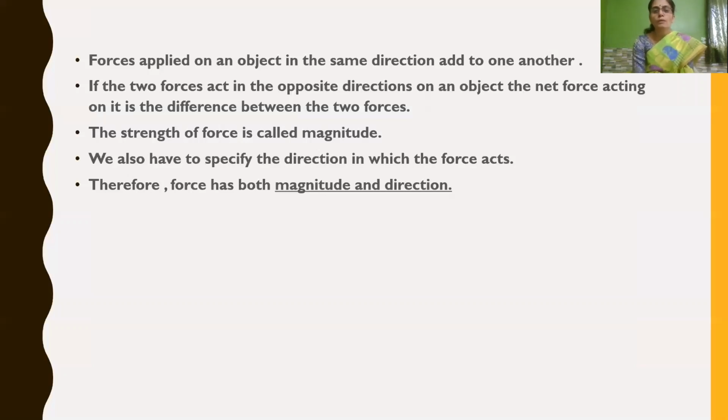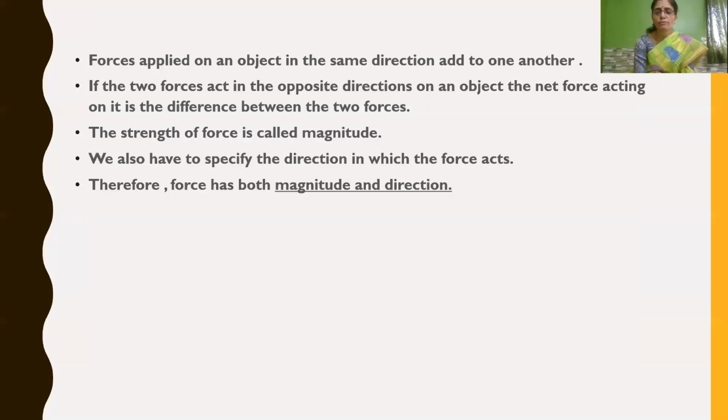How is the strength of force described? The strength of force is called magnitude. And we also have to specify the direction in which the force acts. Therefore, force has both magnitude and direction. So for force, two characteristics are very, very important.